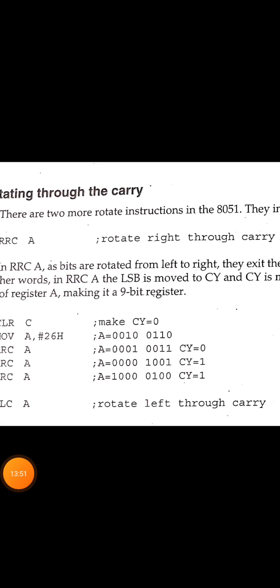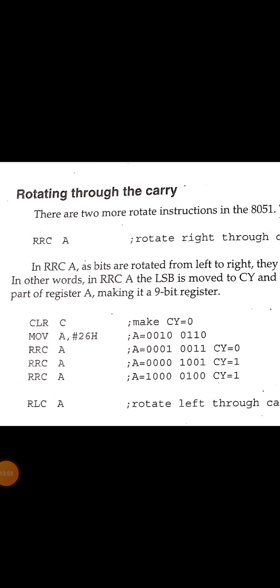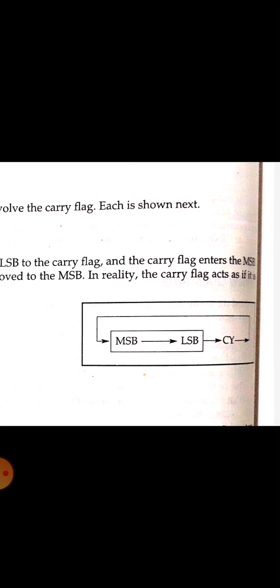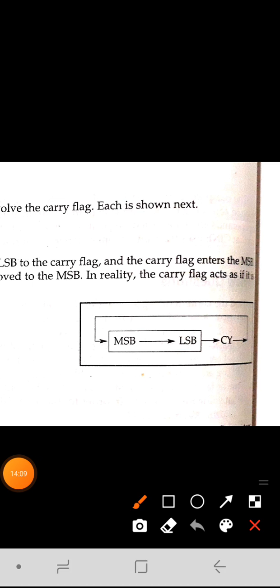We have the next set of rotate instructions, that is rotating through the carry, either left or right. In the previous case the D7 bit or D0 bit was exited and put into the other end. Here we have carry also included. So when you are doing rotate right through carry, the LSB bit will be put into carry and the carry bit will be put into MSB. Whereas in the previous case, the LSB bit exits and is put back into MSB.